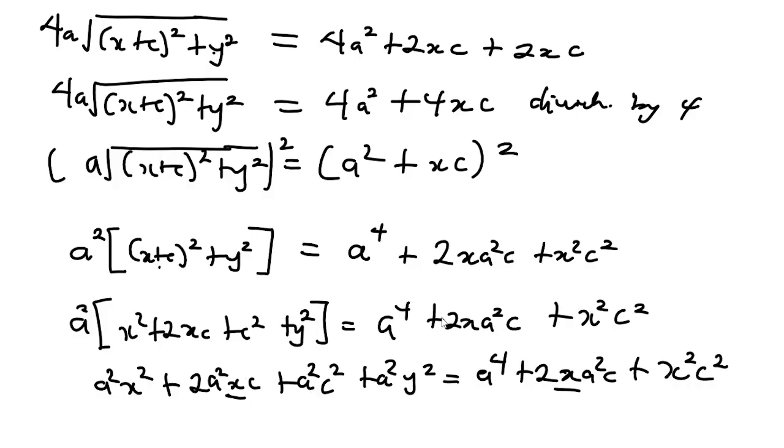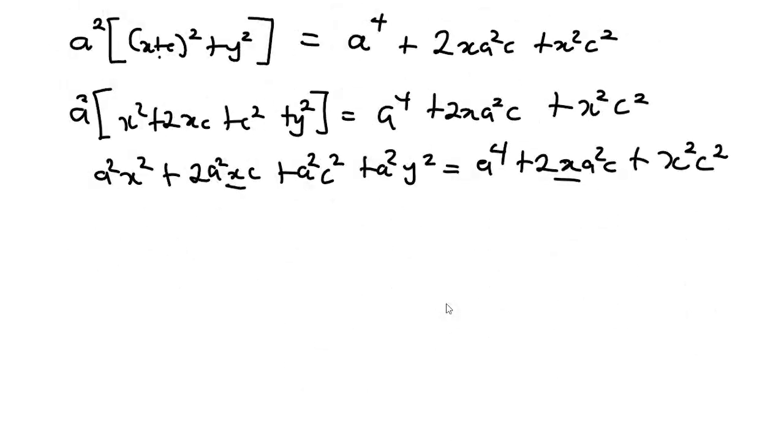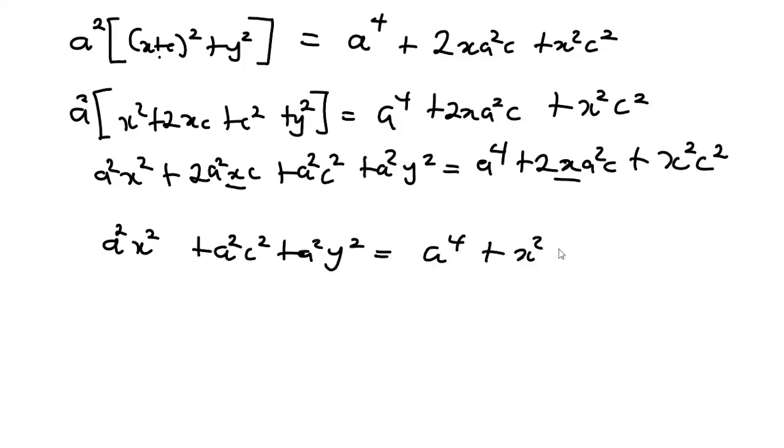So let's see what happens next. We are left with a squared x squared plus a squared c squared plus a squared y squared being equal to a to the power 4 plus x squared c squared. Alright, so let's see what next to do.